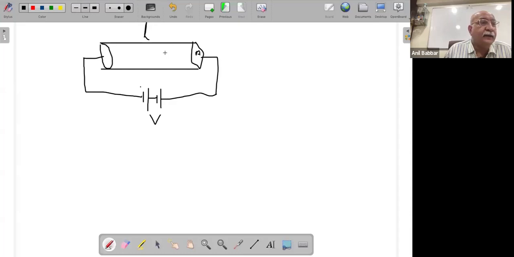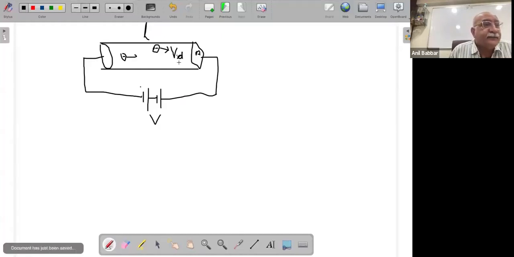And let's say here we have an electron, minus, moving in this direction with velocity Vd.